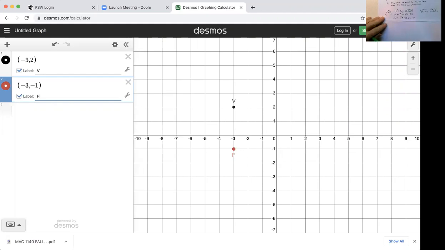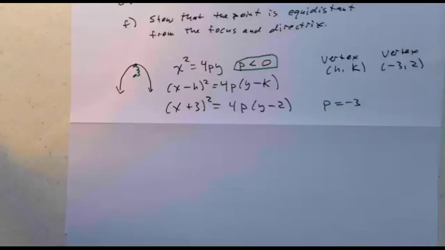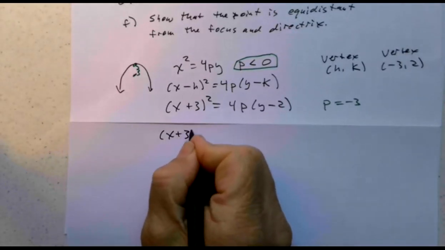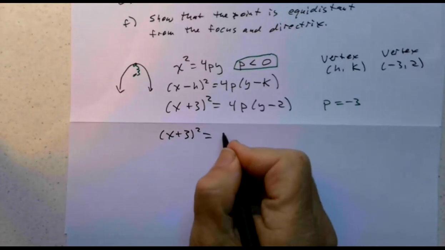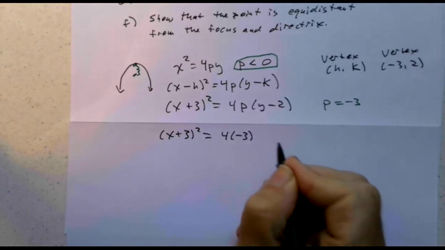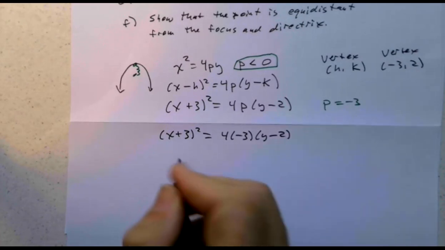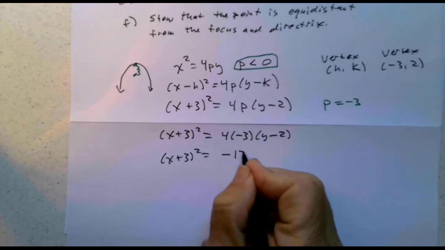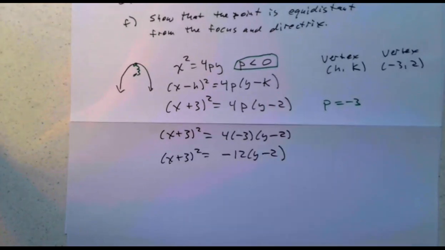That directed distance from the vertex to the focus, p is -3, so my equation becomes (x plus 3) squared equals 4 times -3 times (y minus 2), (x plus 3) squared equals -12 times (y minus 2). So we have our equation of the parabola.